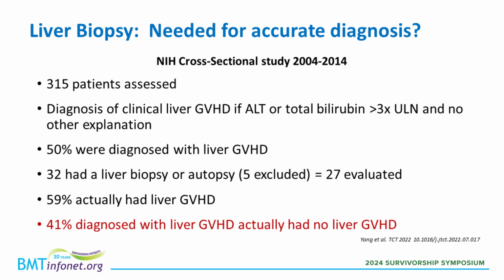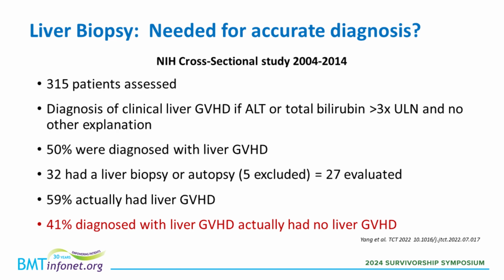And these lab value cutoffs that they used were when your ALT or bilirubin were 3 times normal and had no other explanation. This resulted in half of the patients, about 150 to 160 patients, with this clinical liver GVHD diagnosis. But only 32 of those 150 to 160 patients actually had a liver biopsy or liver tissue from an autopsy.